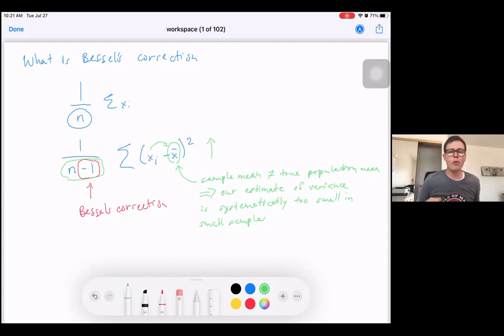The sample mean will be artificially close to each element, making our estimate of the variance inaccurately small. The best decoy said, in small samples, the sample mean will be artificially far from each element, making our estimate of the variance inaccurately small. There are a couple reasons that can't be true.